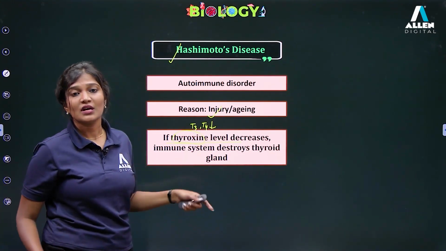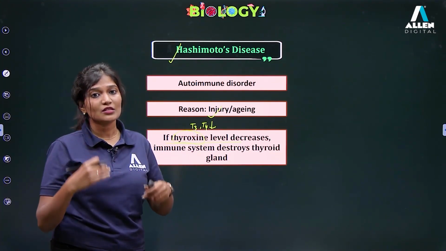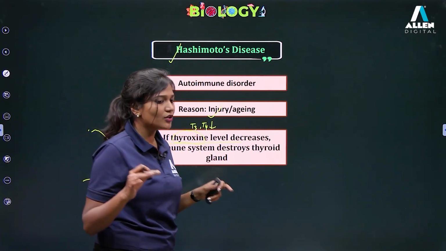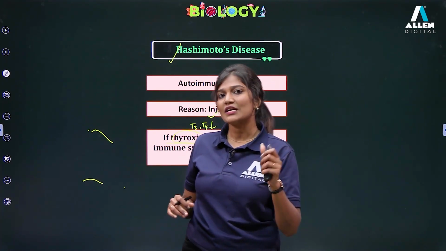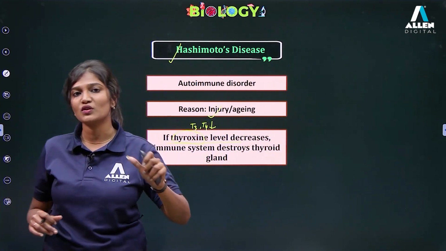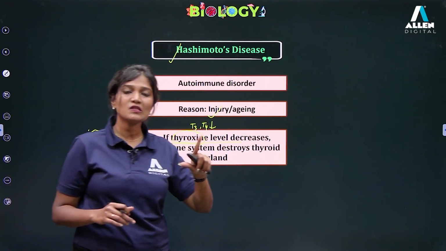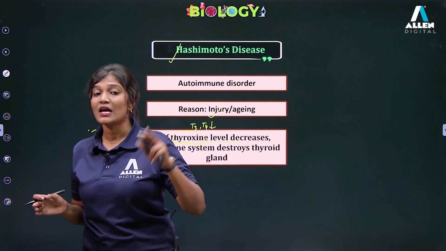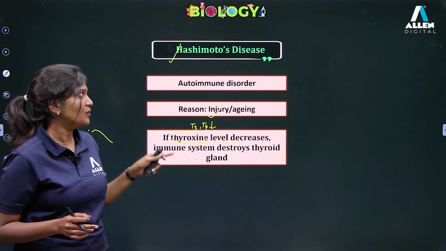And because of this, our own immune system goes and destroys our own thyroid gland. So this is an autoimmune disorder. So we talked about hypothyroidism. First example, simple goiter because of iodine deficiency. Cretinism, which usually occurs in the childhood stage. Myxedema in the case of adults, and Hashimoto's disease, which is an autoimmune disorder.